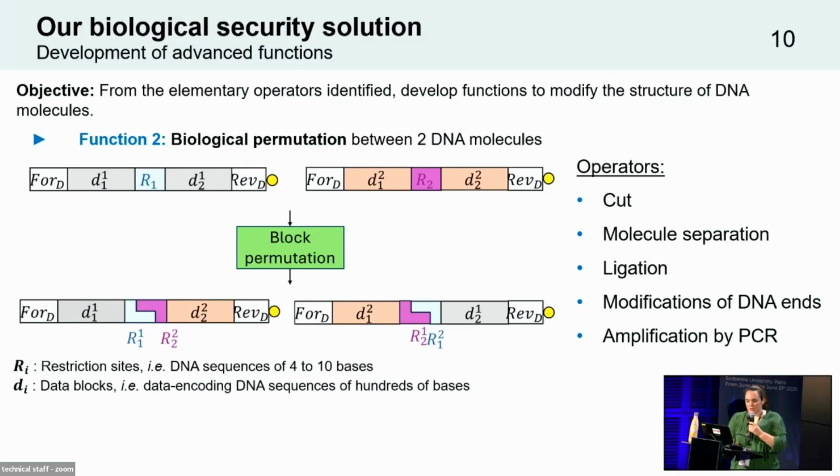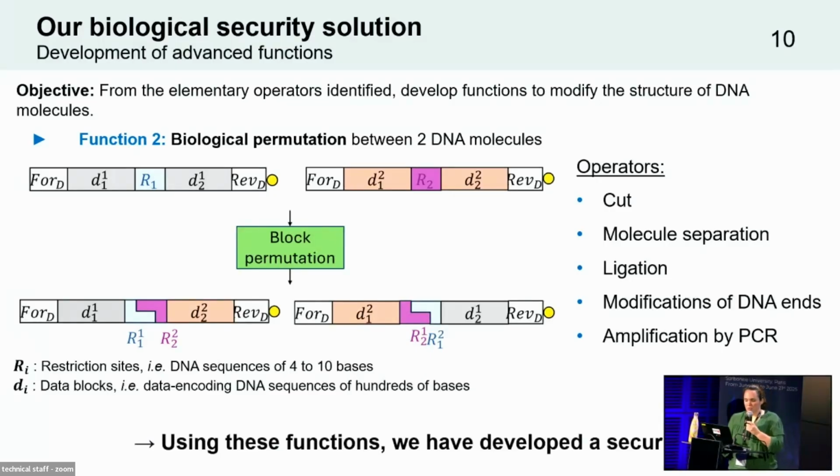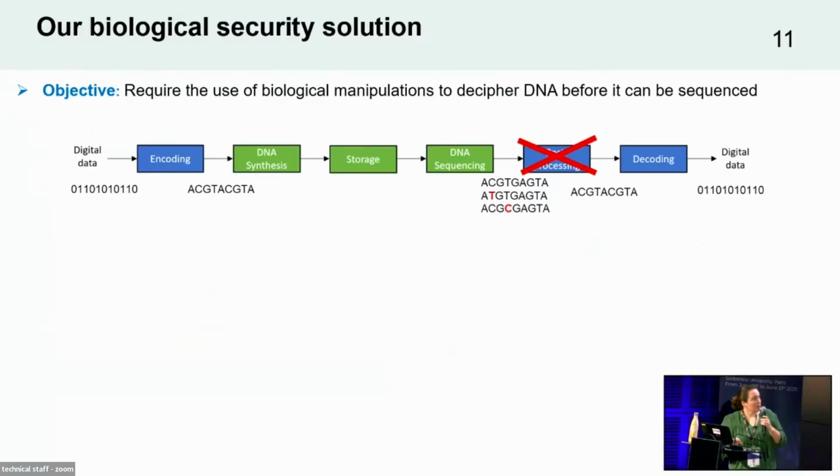And so using these functions, those two functions of biomolecular rotation and permutation, we have developed a security solution that conditions the recovery of information stored in DNA on biological manipulations. So our goal is that to recover data, you have to do some biological manipulations.